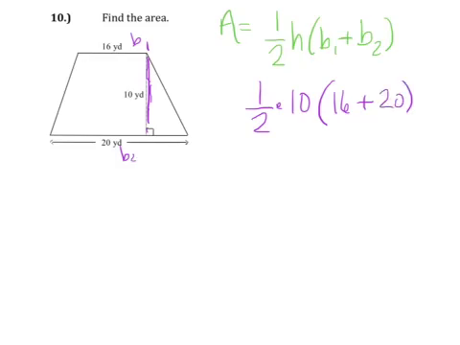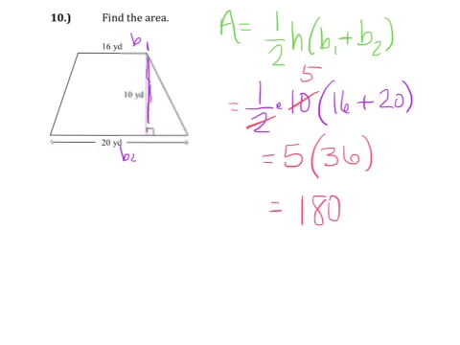And we just need to simplify. So we can take half of 10, make that a little easier. So it's 5 times 16 plus 20 is 36. So we just need to work out 5 times 36, which gives us 180. We're working with yards, so yards squared.